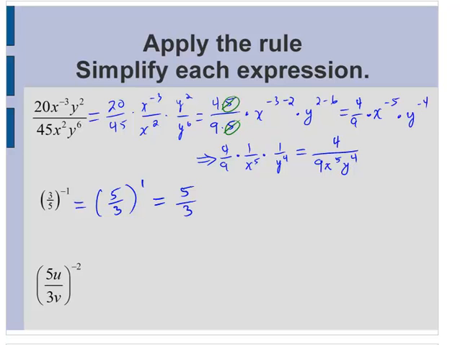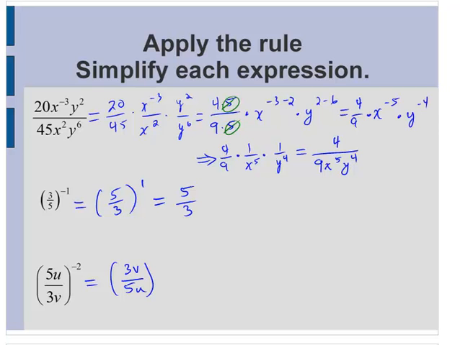Well, so what if we had 5u over 3v to the negative second power? Using the same exact idea, I could write this as the reciprocal of 5u over 3v. Well, the reciprocal of 5u over 3v is 3v over 5u.